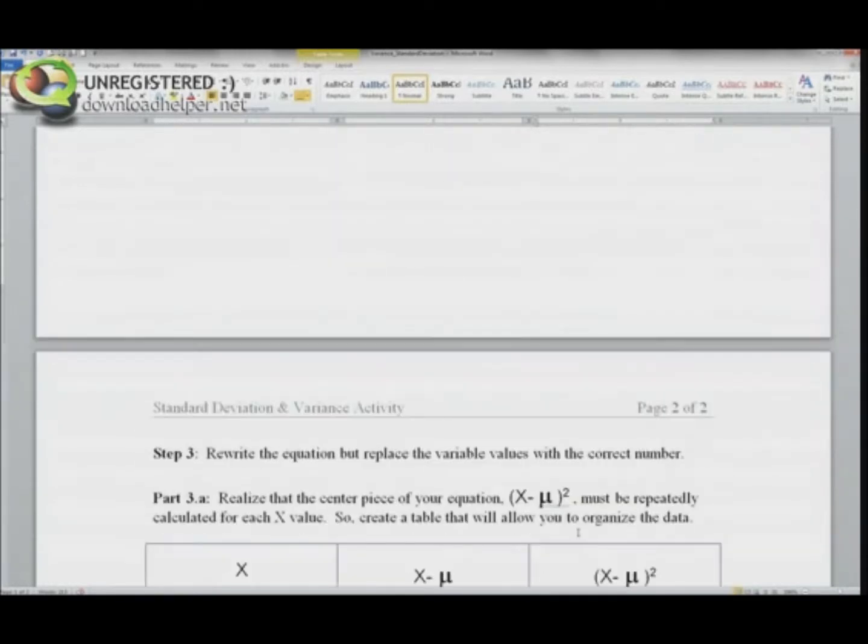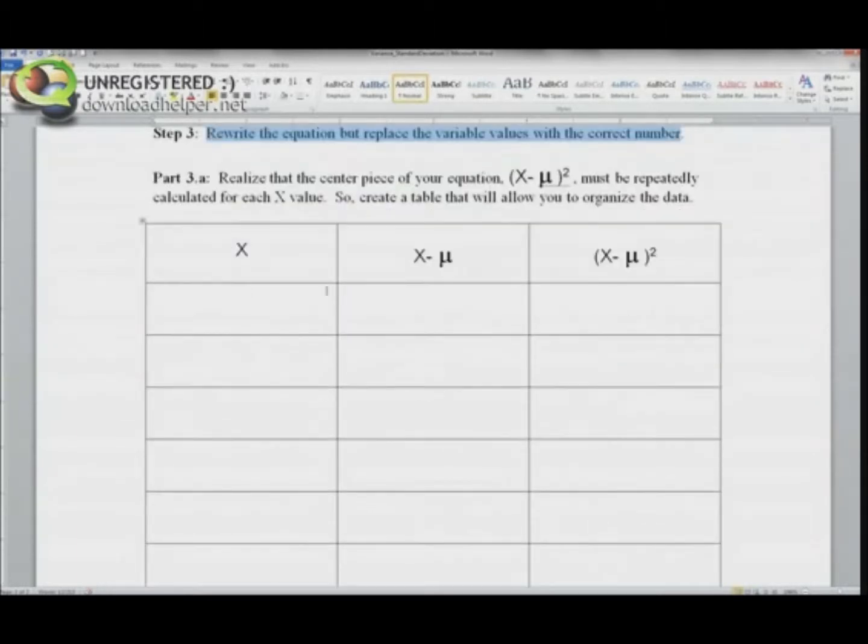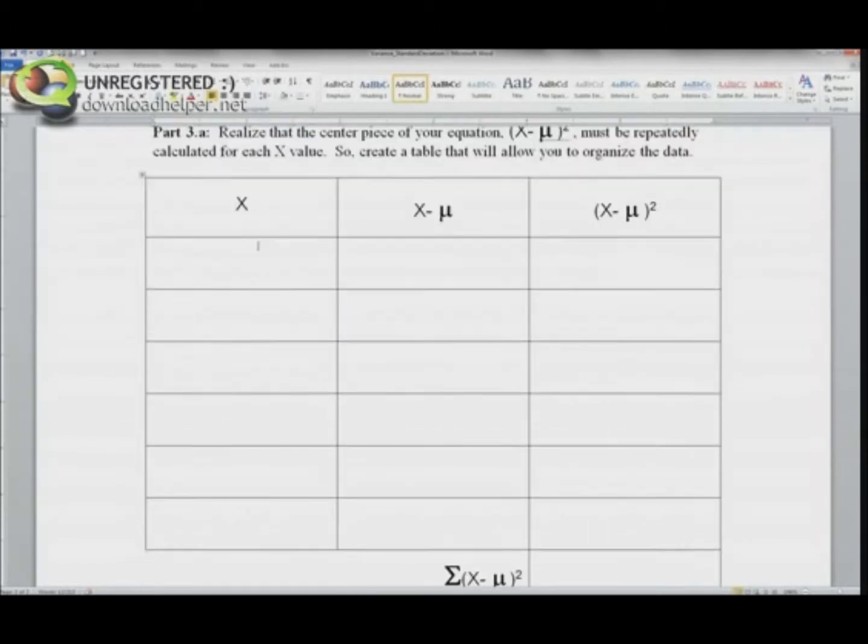Now what do we do? Well, typically what I would tell you to do, if you can see this at the bottom of the page here, is to rewrite the equation, but replace the variables with the values, right? Well, remember that our x value will take on several different values.